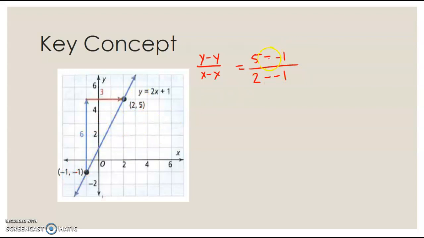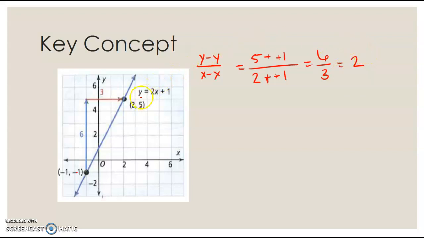And so minus a negative becomes plus a positive. That happens in both of these. So we end up with plus a positive. 5 plus 1 equals 6, and 2 plus 1 equals 3. And so then we end up with 6 divided by 3, which equals 2. And so our rate of change is 2.